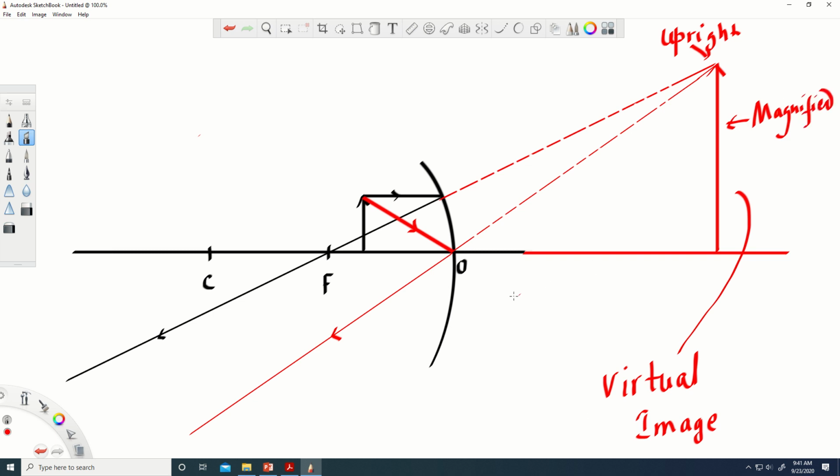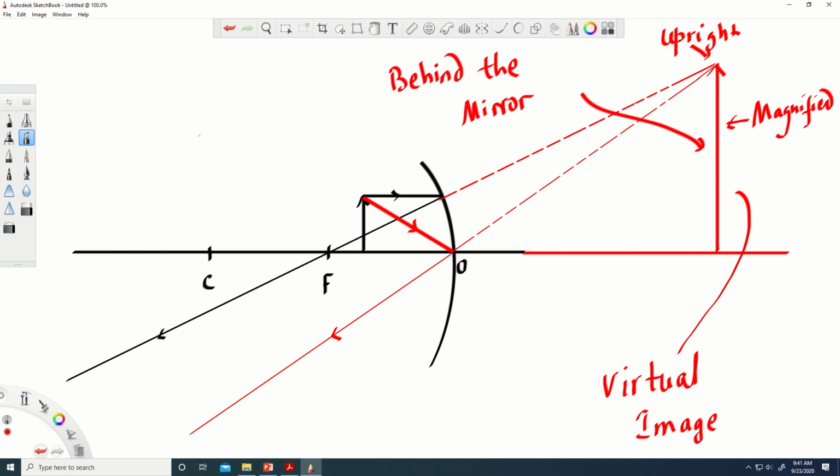And it is formed behind the mirror. Okay, so formed behind the mirror. So it depends on where you locate the object. The image is formed at different locations.